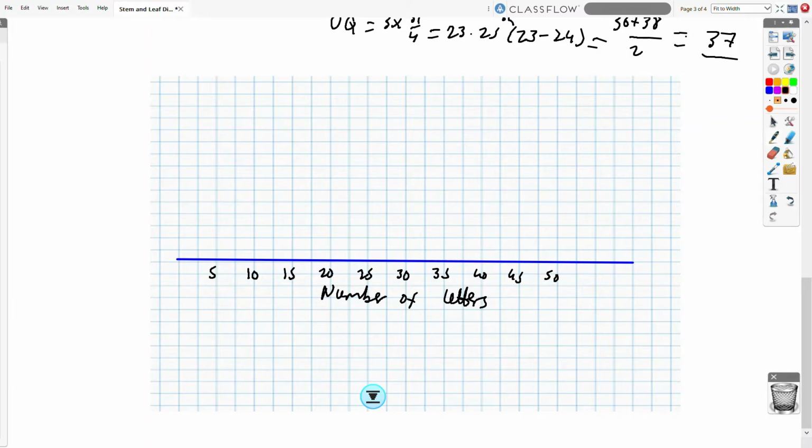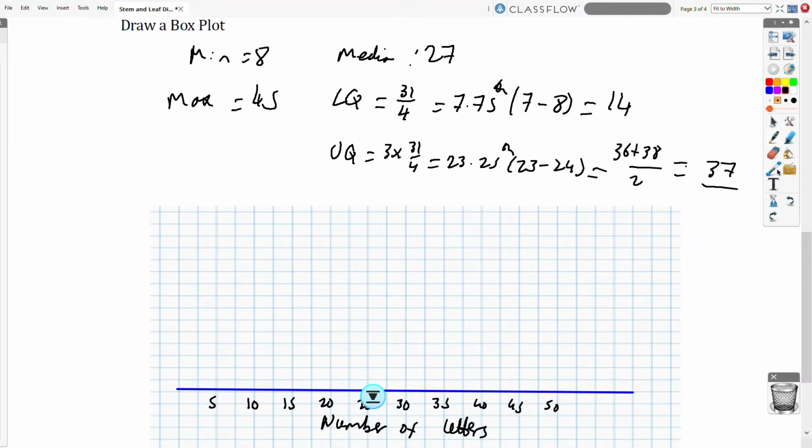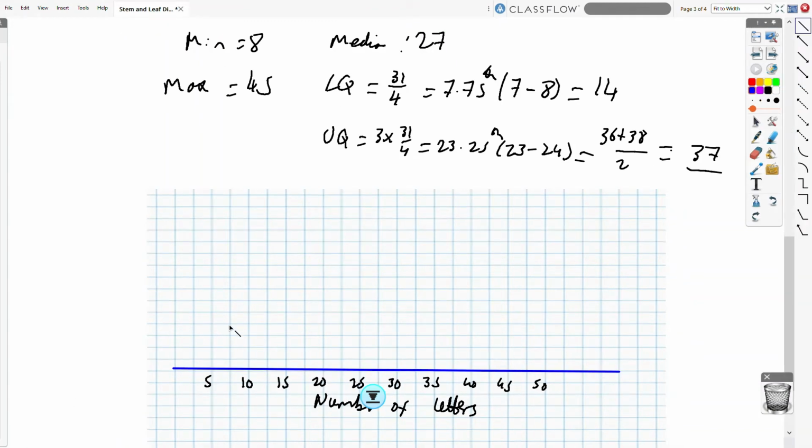Now looking at the key values that we worked out, our minimum is at 8. So if this is 7.5, just a little bit more than that. And our highest value is at 45. Next, our lower quartile was at 14. Our median is at 27.